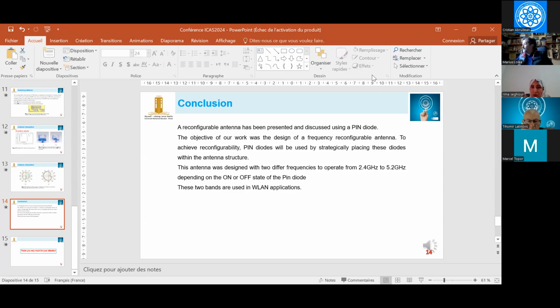This antenna was designed with two different frequencies to operate from 2.4 gigahertz to 5.2 gigahertz, depending on the on or off state of the PIN diode. These two bands are used in WLAN applications.